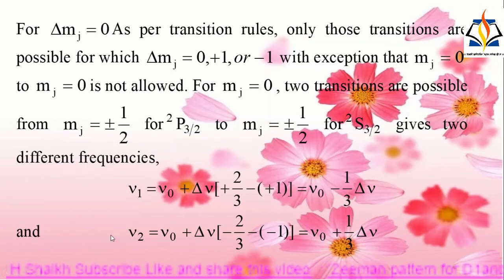This gives two different frequencies, nu1 and nu2. That is, nu1 is equal to nu0 plus delta nu inside the bracket 2 upon 3 minus plus 1 bracket complete, that is equal to nu0 minus 1 upon 3 delta nu, and nu2 is equal to nu0 plus delta nu inside the bracket minus 2 upon 3 minus 1 inside the bracket complete, and that is equal to nu0 plus 1 upon 3 delta nu.